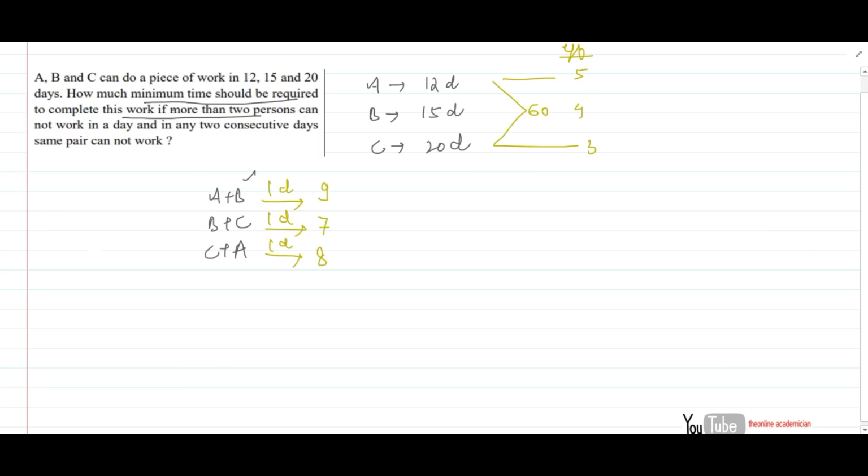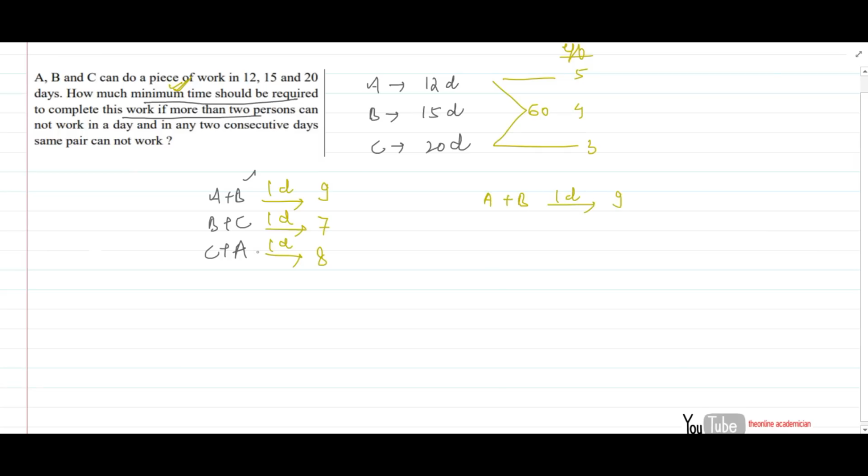So here they are saying not more than two persons work in a day, and we have to keep the time as minimum. If we want to keep the time as minimum, the efficiency should be higher. So we will work with A plus B on the first day.